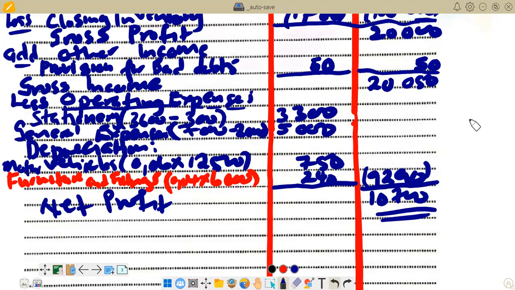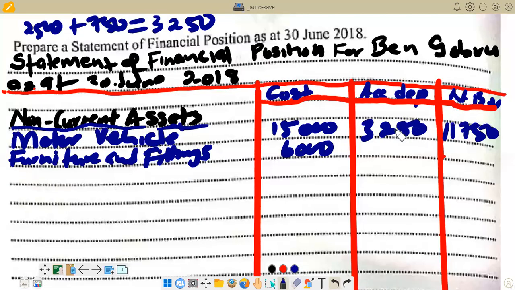So 420 plus 240, we are going to get 660. So 660 is the accumulated depreciation for furniture and fittings. So you put 660 here. And obviously, when you say 6,000 minus 660, the net figure that you get there is 5,340, the net book value.